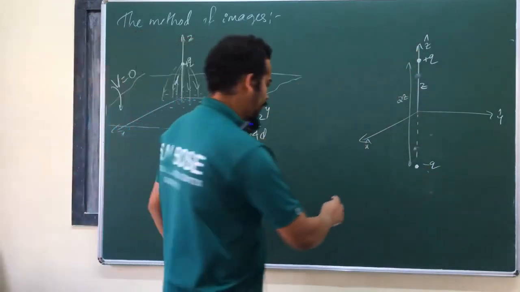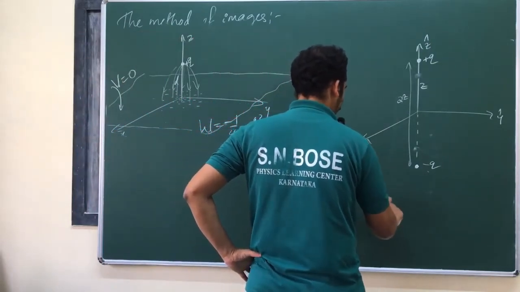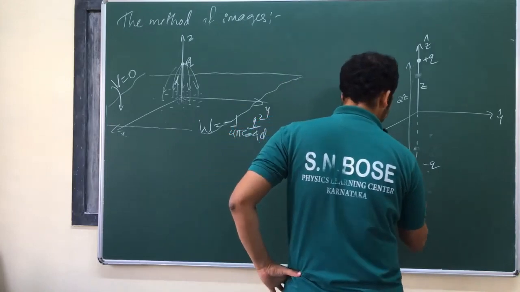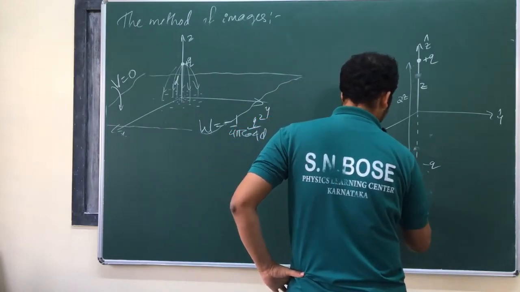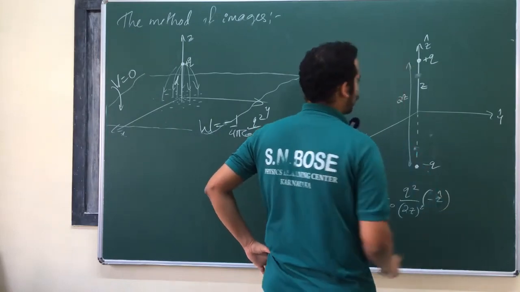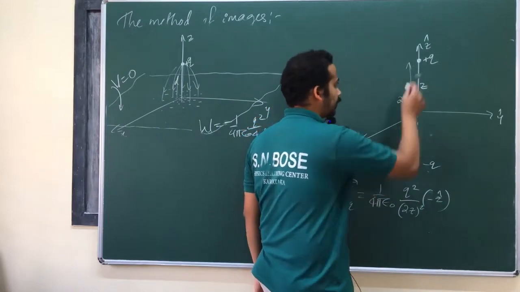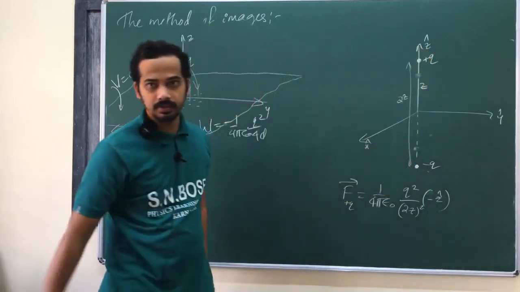So then if I write force at any instant of time, that's equal to 1 by 4 pi epsilon naught, Q square by 2z the whole square, minus z cap. Am I right? Now while I'm writing this force, I'm writing force on plus q charge. I'm concentrating only on this one.